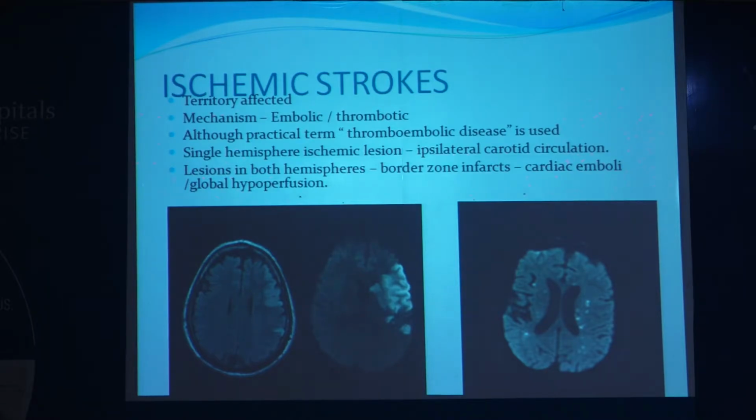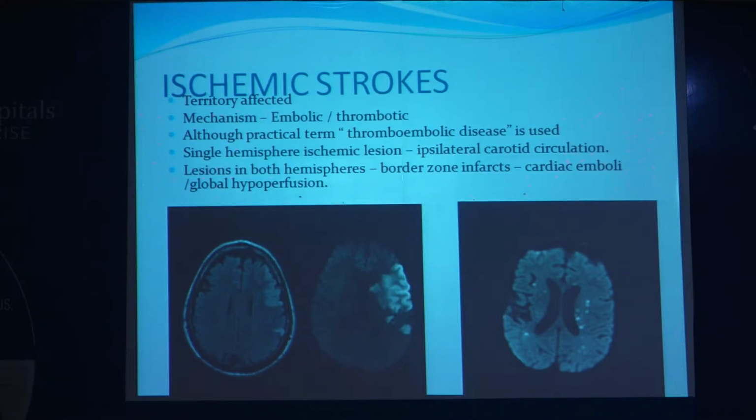Ischemic strokes can be divided based on the territory affected, like ACA territory, MCA territory, PCA territory, etc., or by the mechanism, that is, embolic phenomenon or thrombotic phenomenon. Although we can use the word thromboembolic disease because these two conditions usually coexist, and an embolus is a thrombus that is somewhere in the proximal cardiovascular tree.